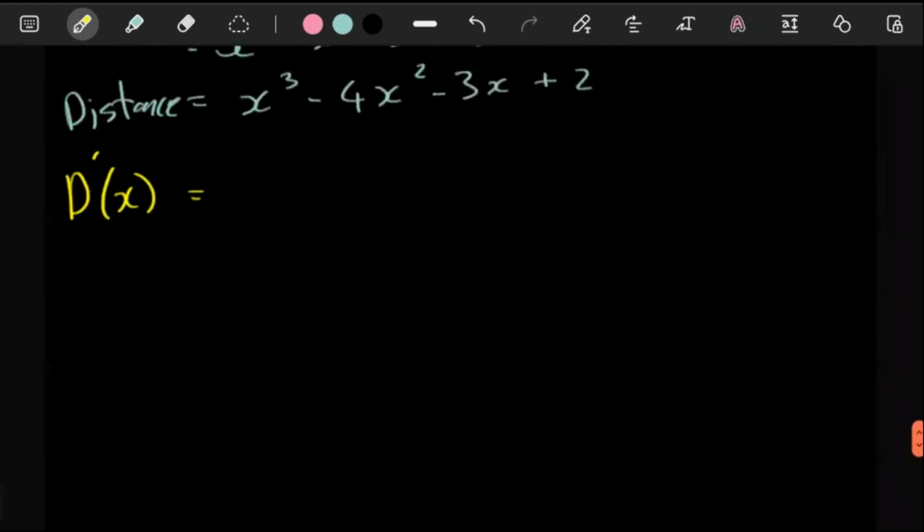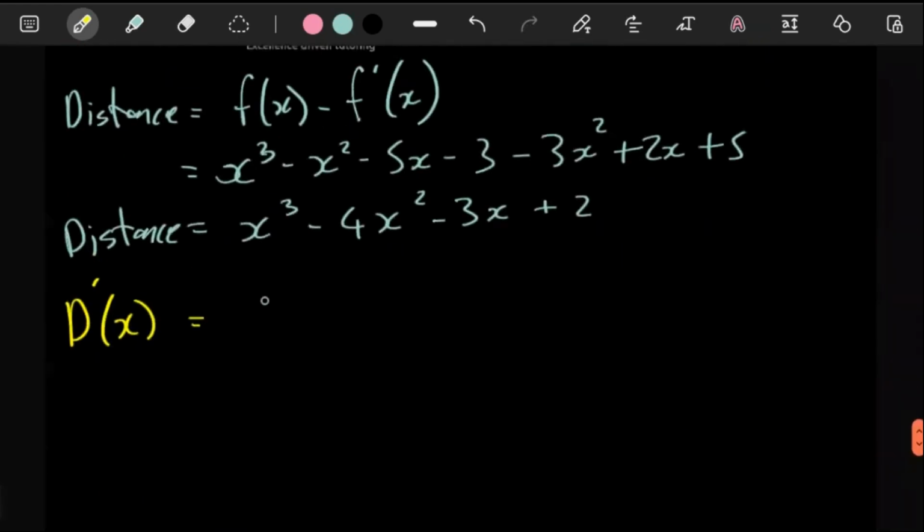But for us to get that x value, we have to differentiate our distance equation and then make it equal to 0. This is how all questions that ask for the maximum of something work. You always differentiate the equation of whatever you're dealing with, and then you make it equal to 0.